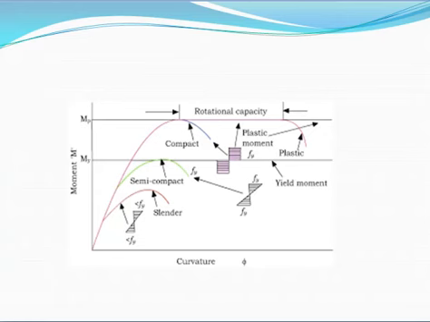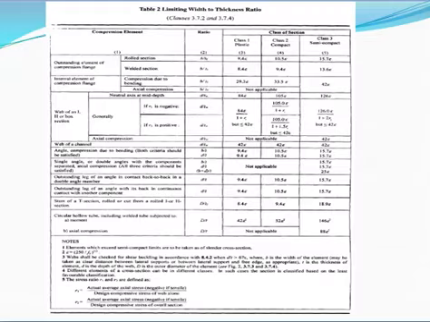Now the width to thickness ratio of the plate element shall be less than that specified under class 3 semi-compact, but greater than that specified under class 2 compact. Now again see the table, the last column, column number 5, class 3 semi-compact. Can you get this column?